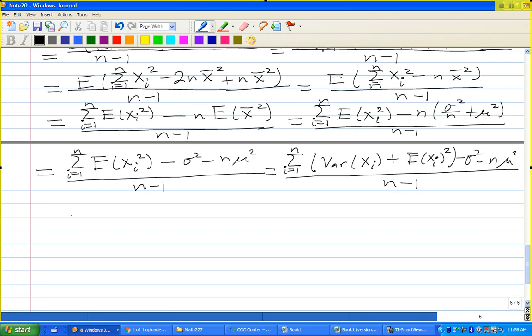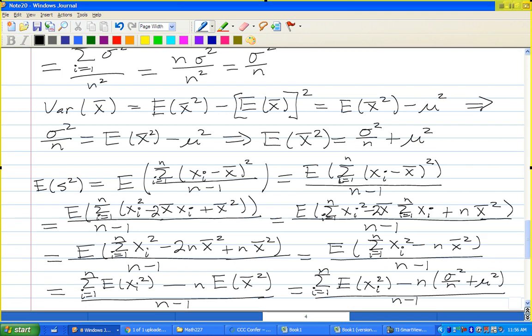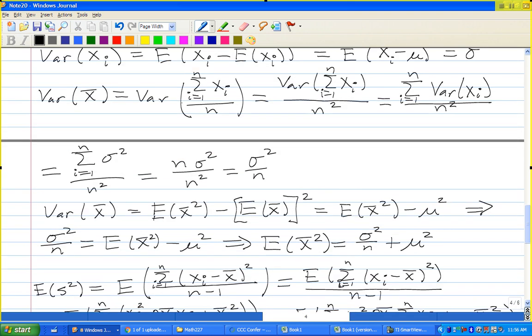And so this is equal to the variance of x_i. There it is.